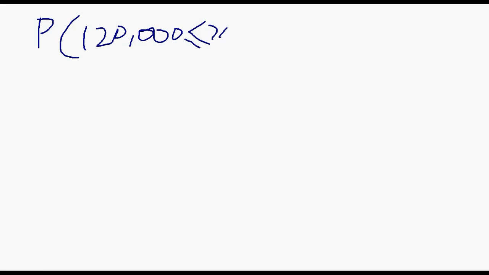So we already know the standard deviation, we already know the normal distribution. So this will now be the probability of 120,000 and then, wait.